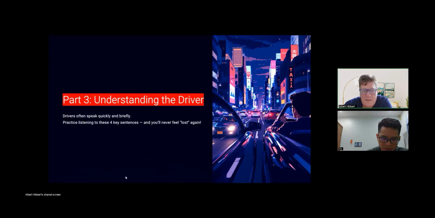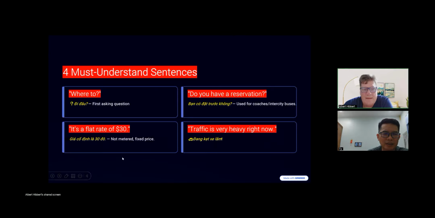The 4 key sentences are the following. The 4 must-understand sentences. The first thing that you must ask when you get onto a taxi or a bus is, where to?